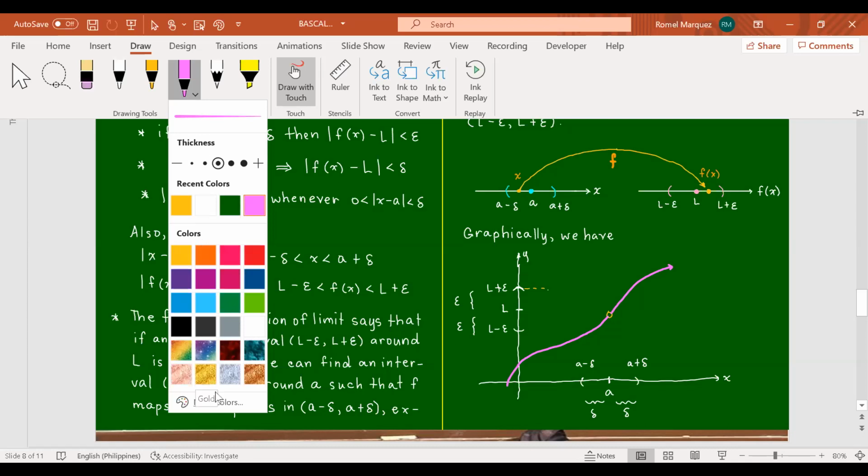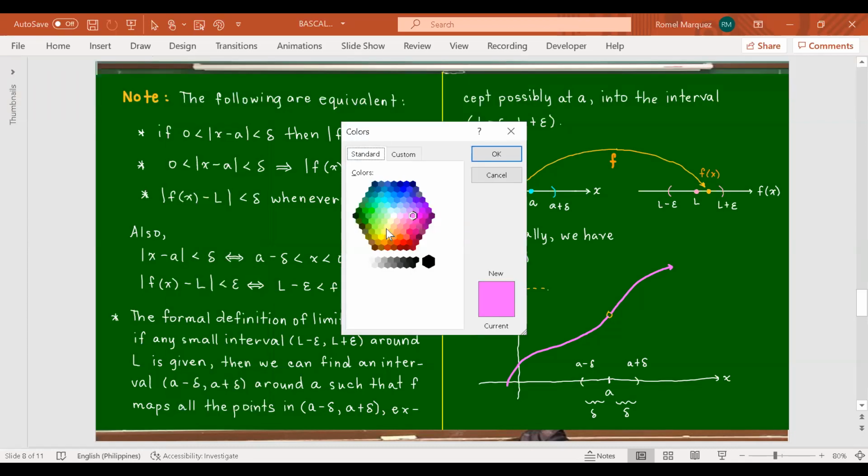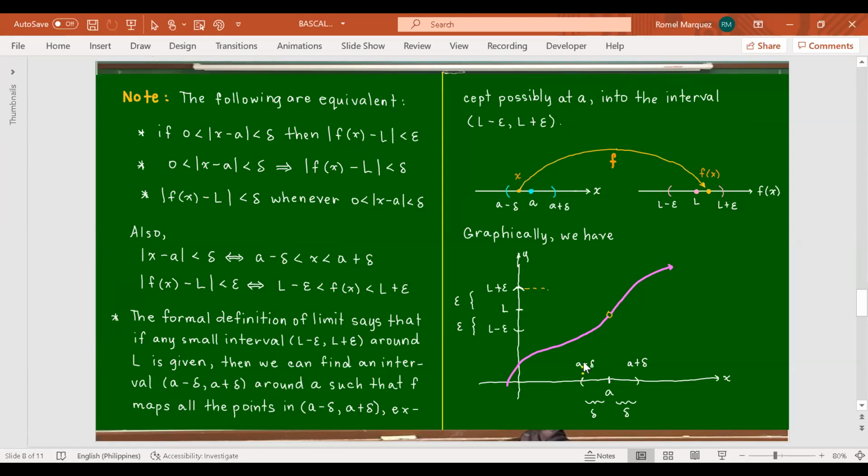Let's have it yellow. So we have this window.